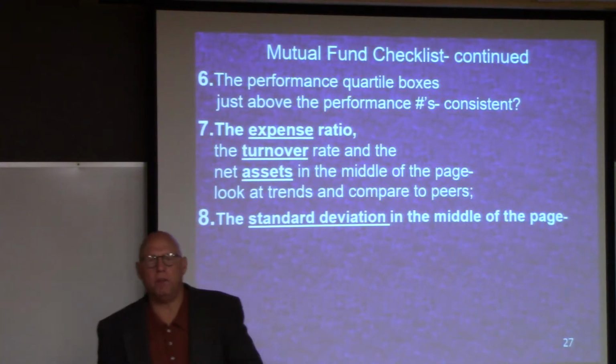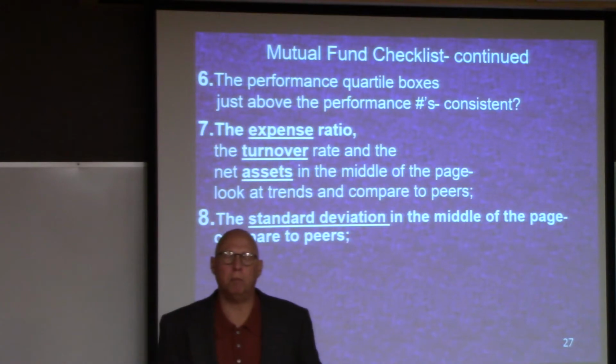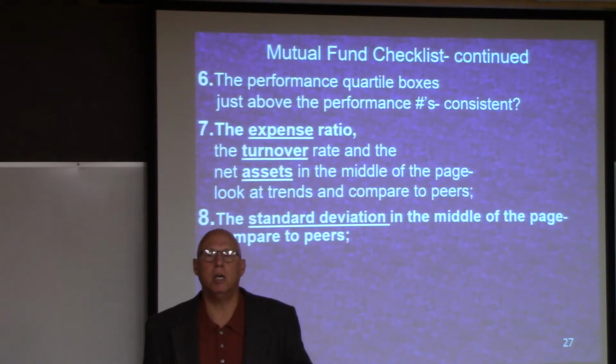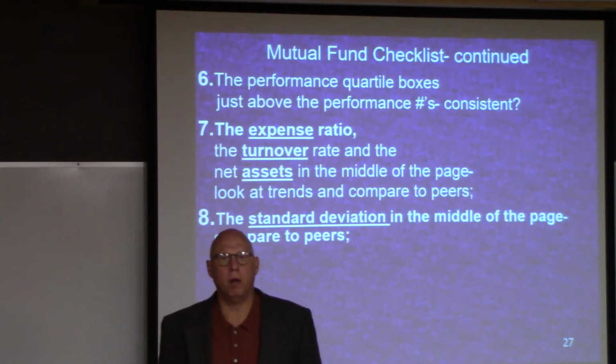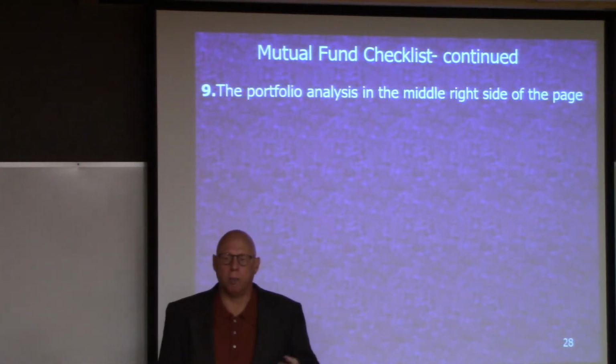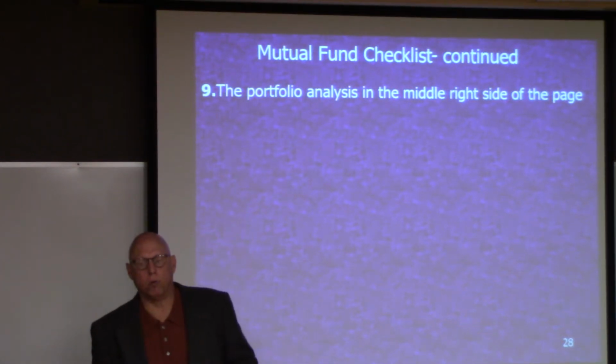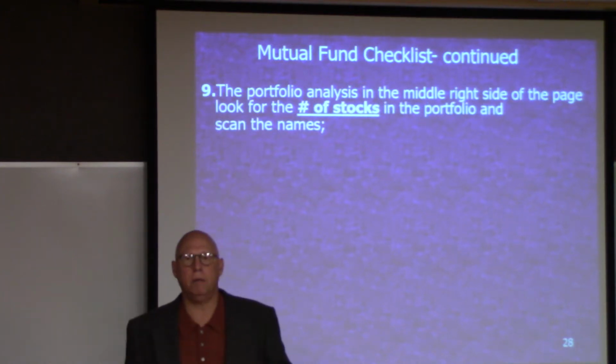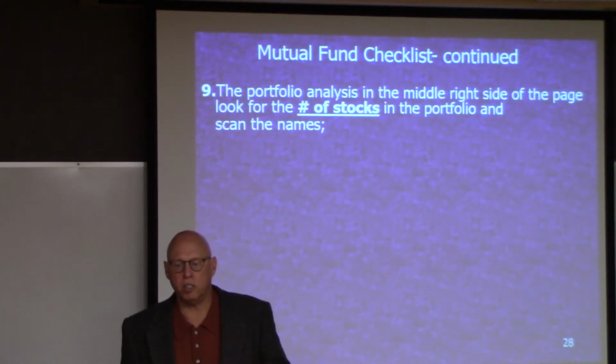Look at the standard deviation, which is in the middle of the page, and compare it to peers. This is a measure of performance volatility, and you want to be careful of that high volatility. That's risk. The portfolio analysis in the middle right side of the page contains the number of stocks in the portfolio.